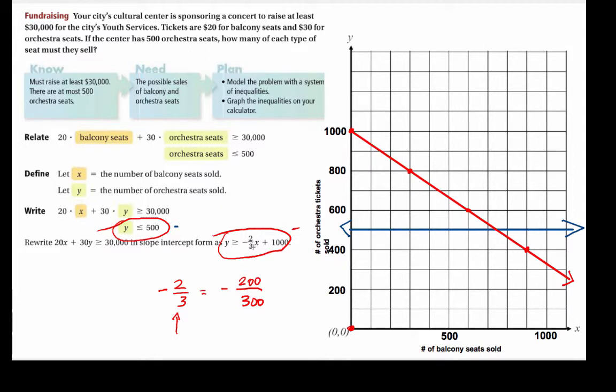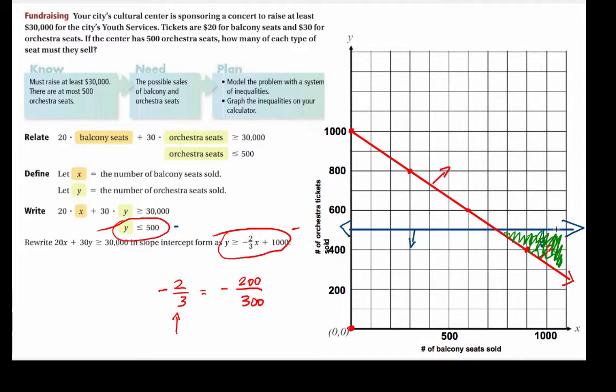On the red boundary line, I'm shading above because it's y greater than. So all this area up in here, but I'm not going to shade it all. And in my blue inequality, less than 500, I'm shading below. So everywhere down here. Now I'm ready to look for the coinciding shading, and that is below the blue line, above the red line. It's just in this little triangular piece of my graph over here.